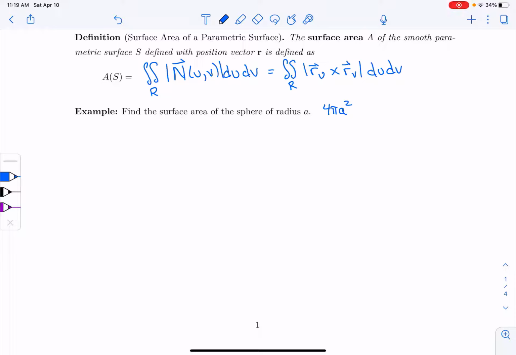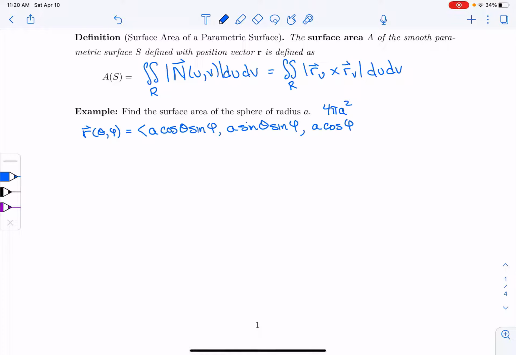We can parameterize the sphere using two parameters, theta and phi. So a sphere of radius a is going to be, x is going to be a cosine theta sine phi, and then a sine theta sine phi for y, and then z is going to be a cosine phi.